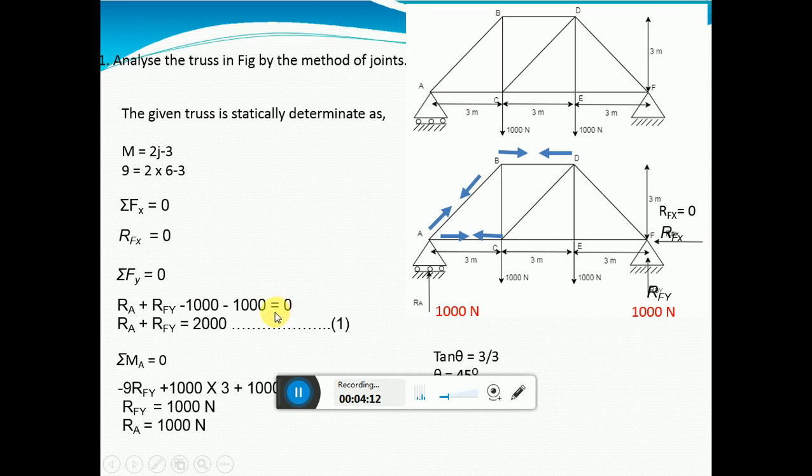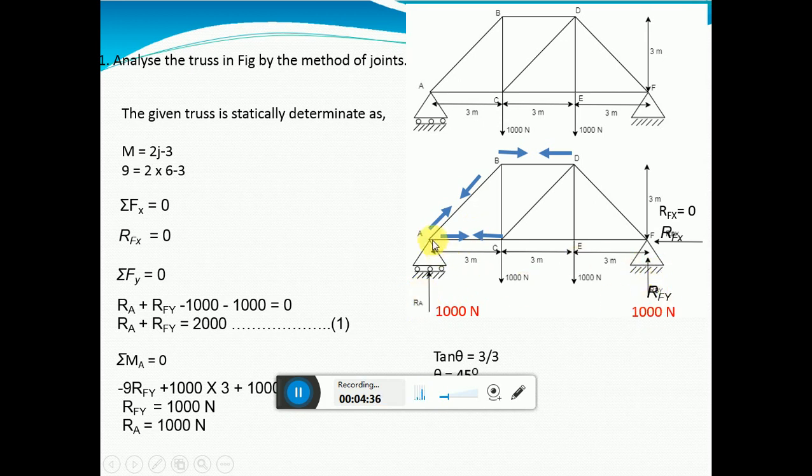Further simplify this equation, you will get RA plus RFY is equal to 2000. Name it as equation 1. Next, take the moment of all the forces about point, third condition of equilibrium, about point A or point F. Any point you can take and find out what is this RA and RFY.